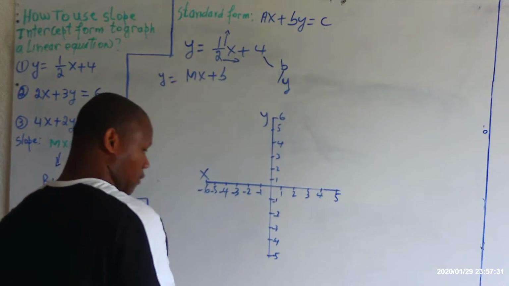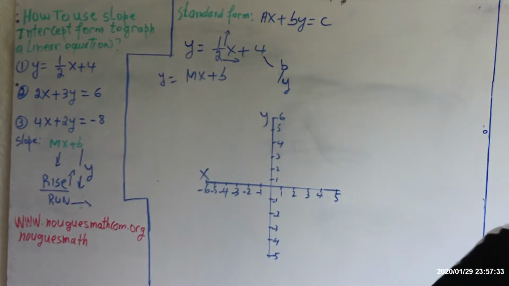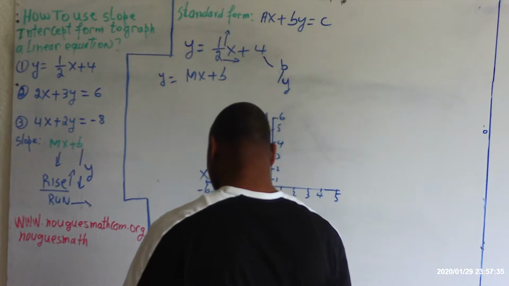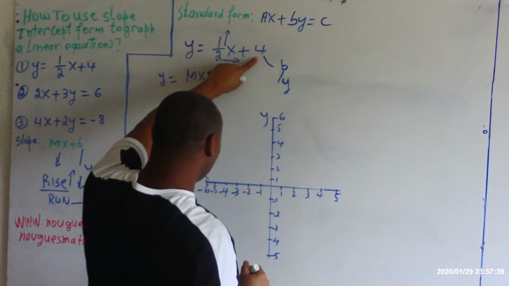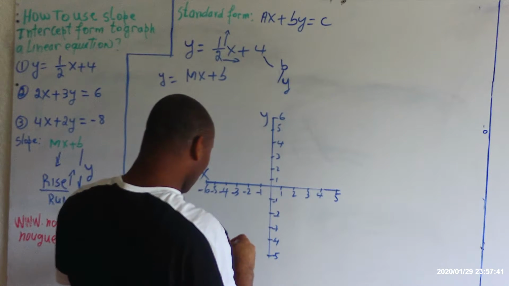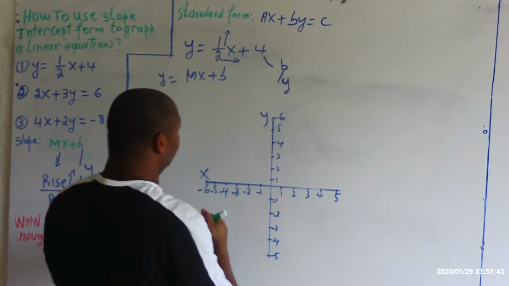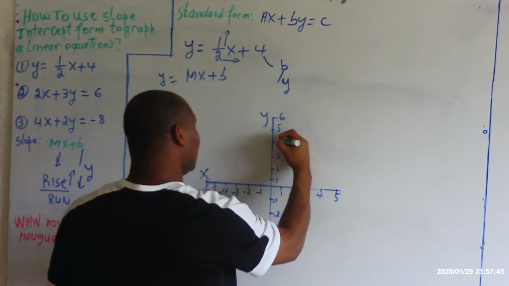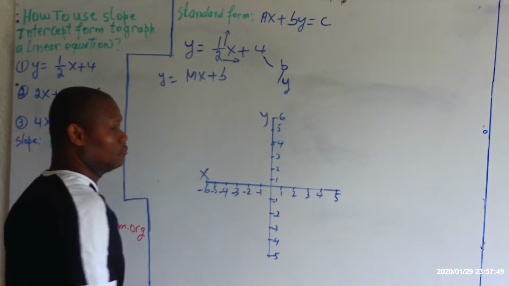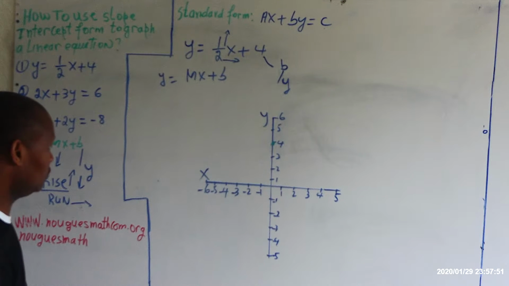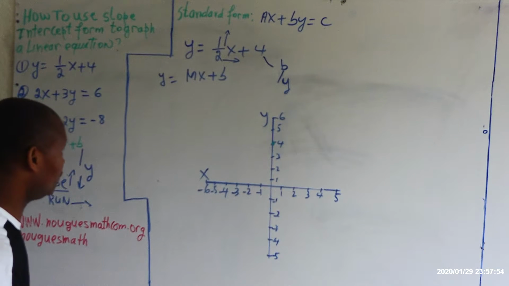All right, so what I'm going to do, I'm going to show you, pay attention. 4 is the y-intercept, so I'm going to place the point first. 4 is the y, with the y here. I place the y first. Remember, place the y first.